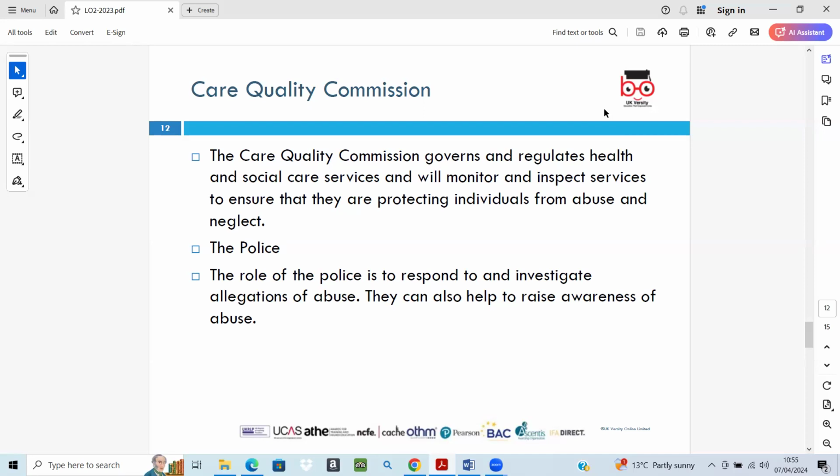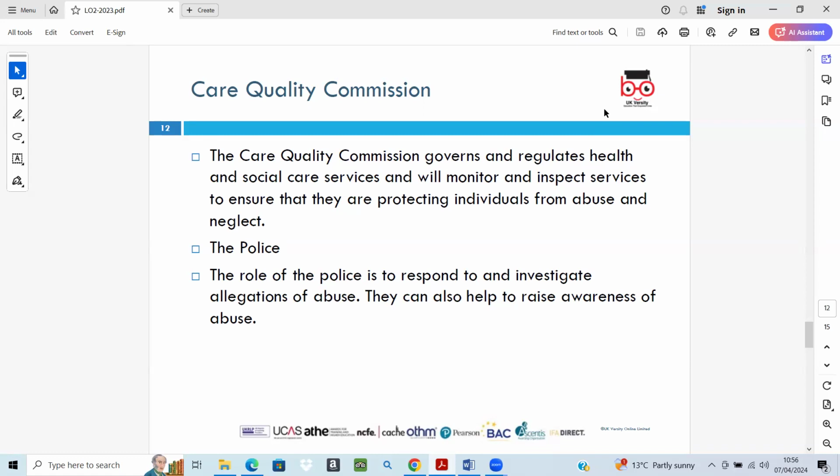So it's better if we learn the basics about the role of the Care Quality Commission, the role of the police, the multi-agency work, the interdisciplinary work. We should know the policies in our organization for whistleblowing, and we should know how to report an incident and how to write up incidents practically. If we are not sure about it, you may ask your employer for guidance about these specific things, and then you will be able to learn more.